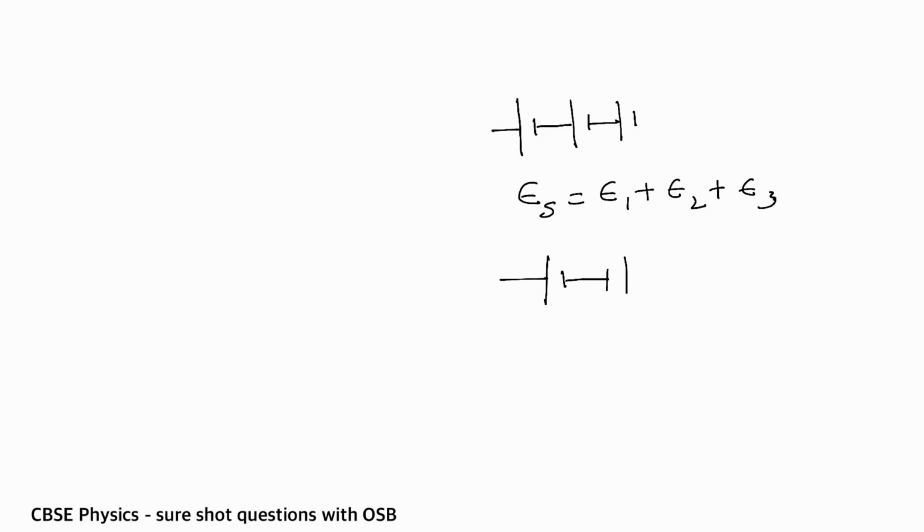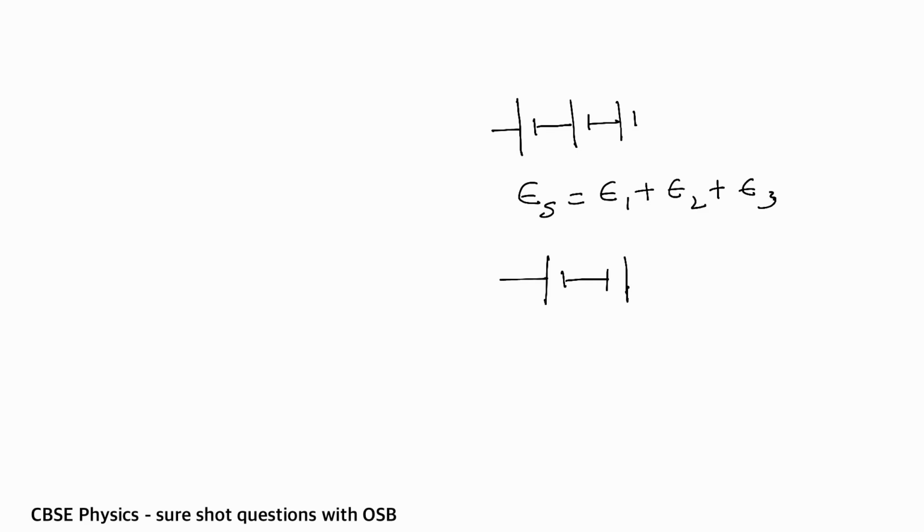If the cells are connected like this, positive, negative, then positive, negative, then positive, negative, then E net or E series is E1 plus E2 plus E3. Now assume the combination is like this: positive, negative, then negative, positive.